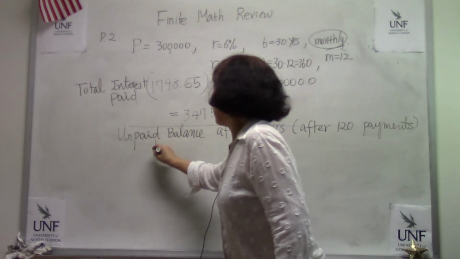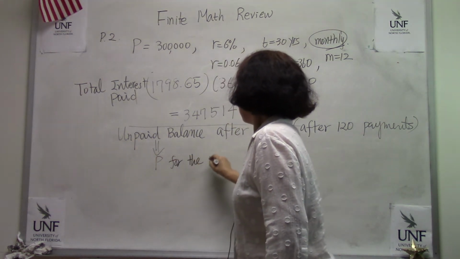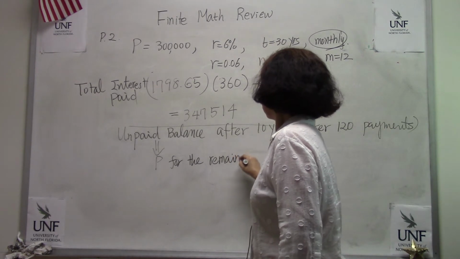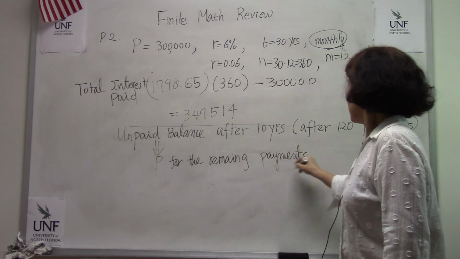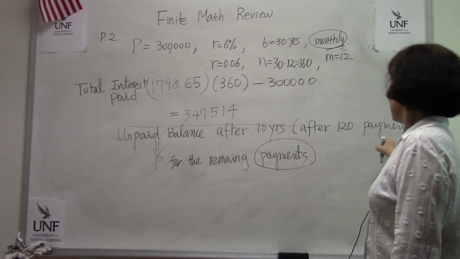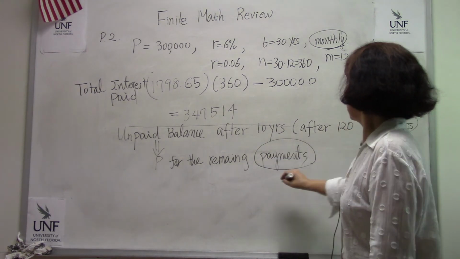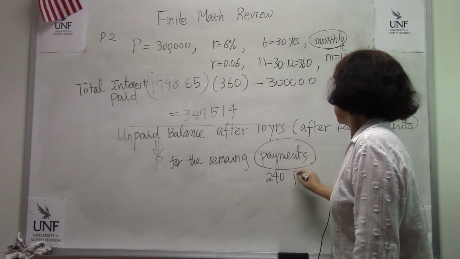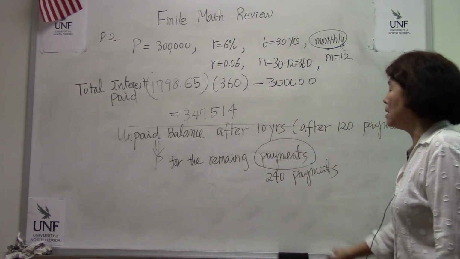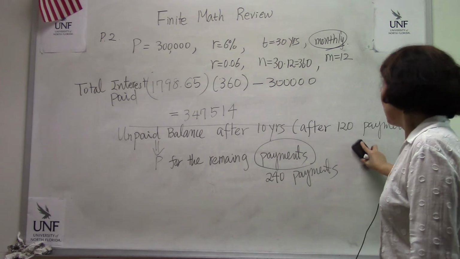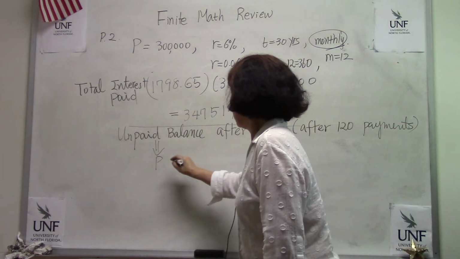So unpaid balance is the principal for the remaining payments. Okay, how many payments? Well, after 120, 240 payments are still left. So this is going to be the principal for the 240 payments. So what kind of formula are you going to use?